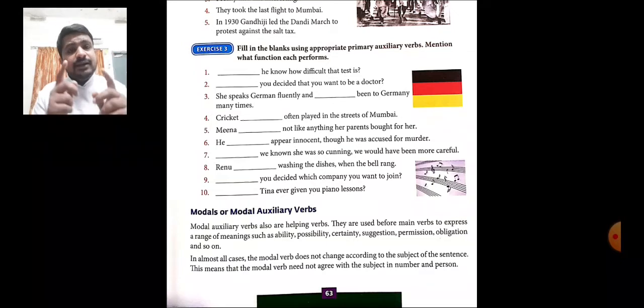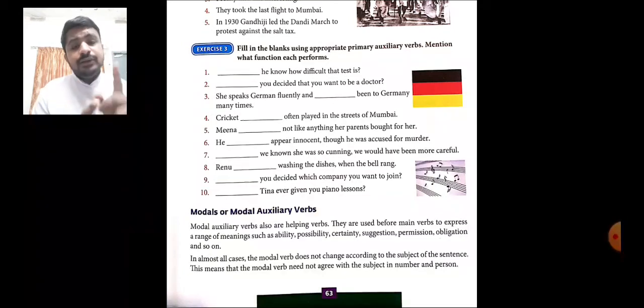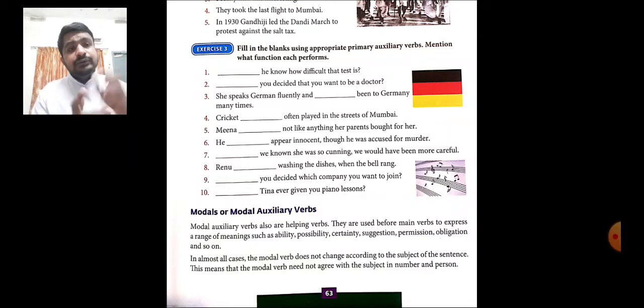For example, we have said he is, or they have, or they are. But these modal auxiliary verbs will not be changed according to the subject of the sentence. This means that the modal verb need not agree with the subject in number and person.